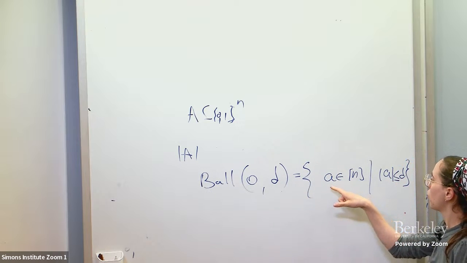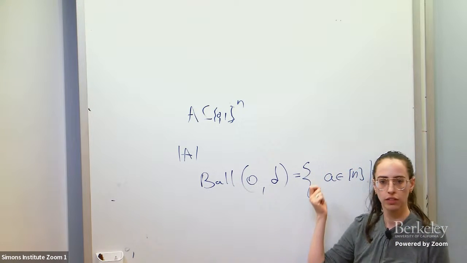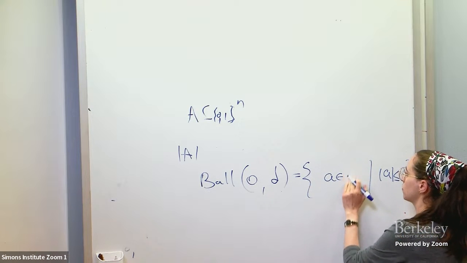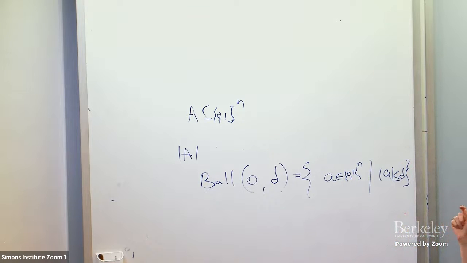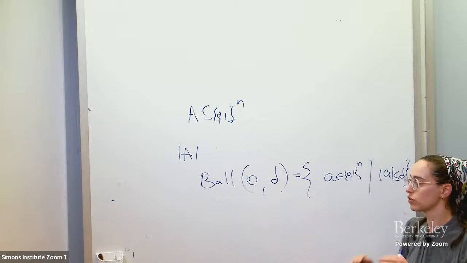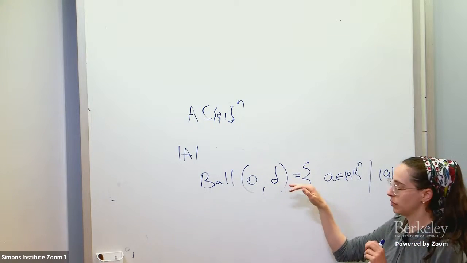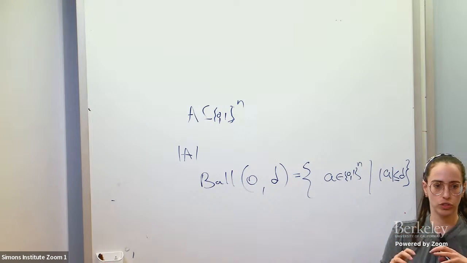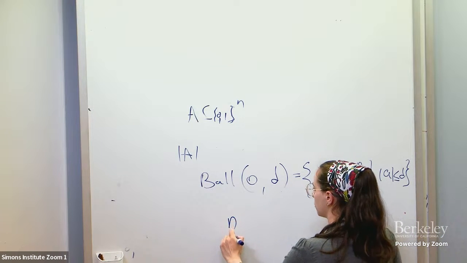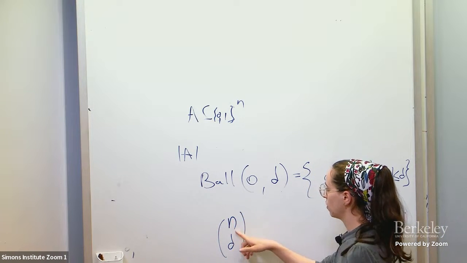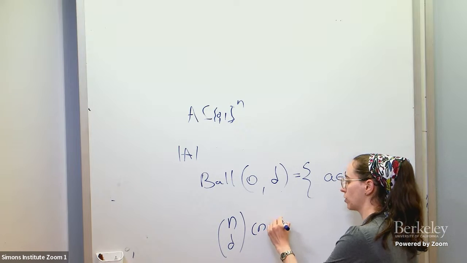Every point that has Hamming weight less than d has all of its neighbors inside the ball. So the only ones that contribute to the edges going outside are those on the boundary of the ball, those of size d. So you have n choose d of those, and each one contributes n minus d edges going outside.